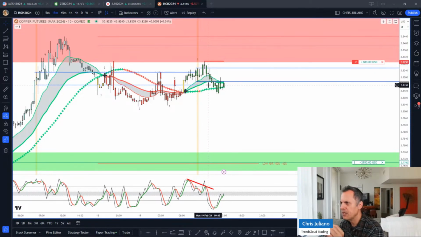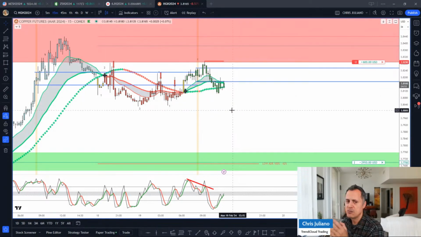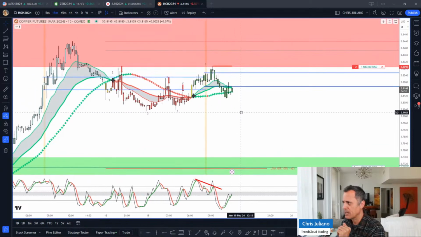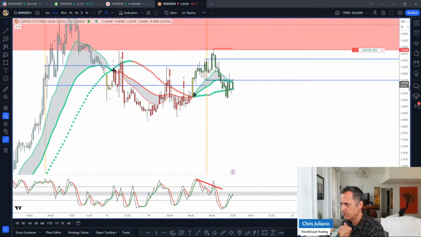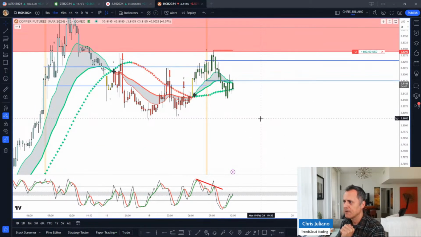So when you see a breakout to the upside on your opening range, and you have a lot of momentum to the downside, you want to take that into consideration. All right. So this ends up being a bull trap. And now we are breaking to the downside of the opening range, which is what we want. We want this thing to continue that downward movement, okay? And TrendCloud is going to follow that for you every step of the way.